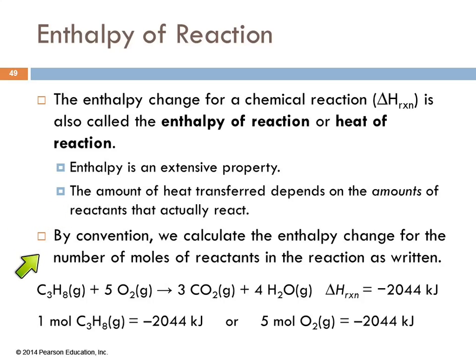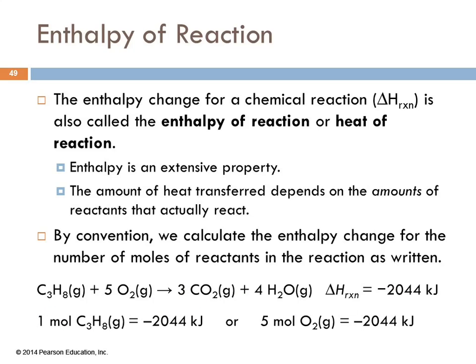So by convention, when we do these sorts of equations, this is the equation for the combustion of propane, we'll list delta H for the reaction, and it'll just be listed with joules, kilojoules, calories, an energy unit, and it won't be per mole like we did in the previous example. By convention, we just list delta H for the molar amounts in this balanced chemical equation.